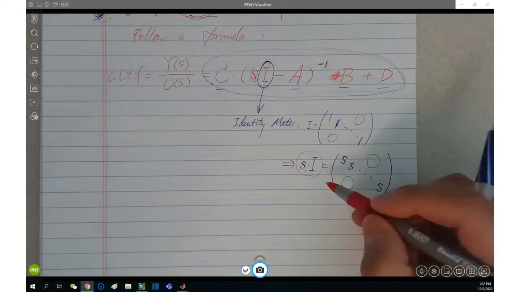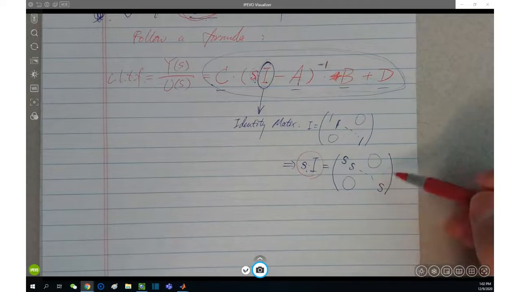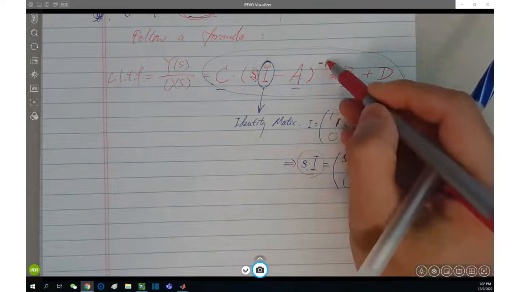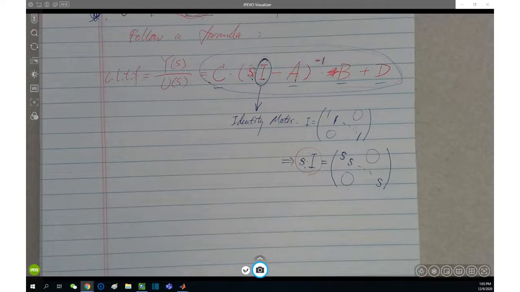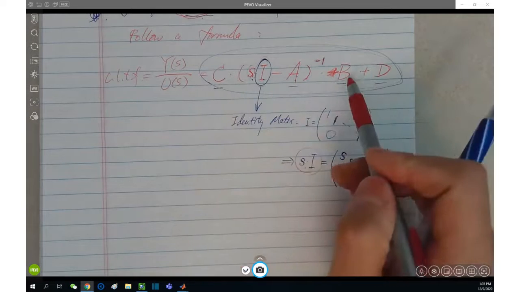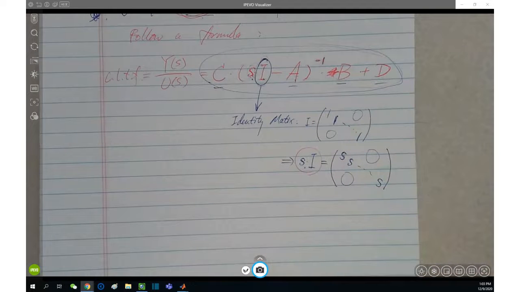This is the SI matrix, and this matrix is subtracting the matrix A. Then you need to find the inverse matrix of this SI minus A. This is probably a little bit hard. After this inverse matrix, you left-multiply by C and right-multiply by B. And then at last, don't forget to add D.